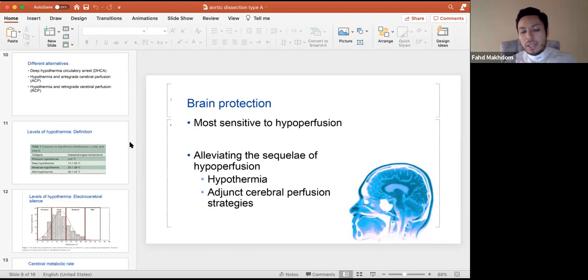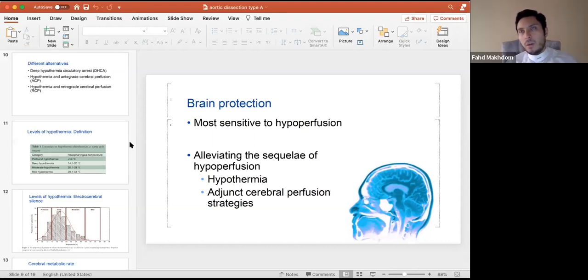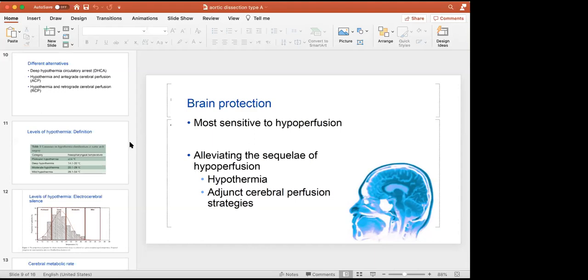Okay, what would make you do a Bentall versus a supracoronary graft? The size of the sinotubular junction and the sinuses and the aortic valve. Or involvement of the coronary with dissection.